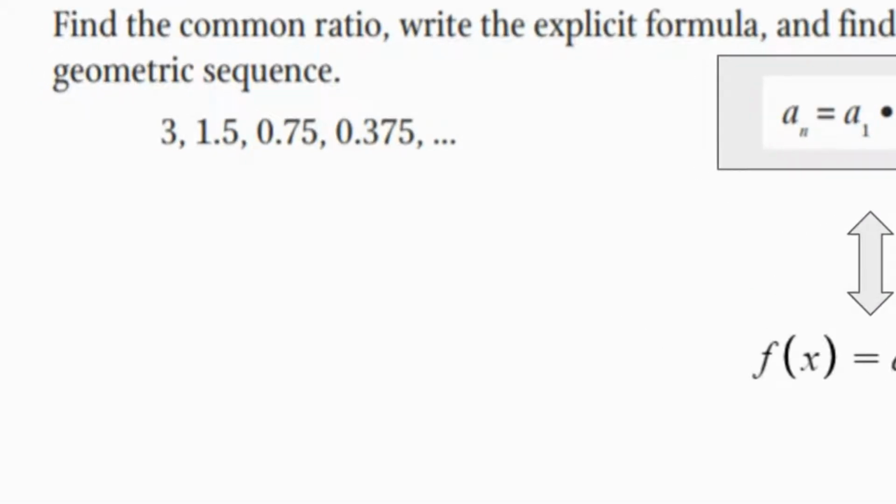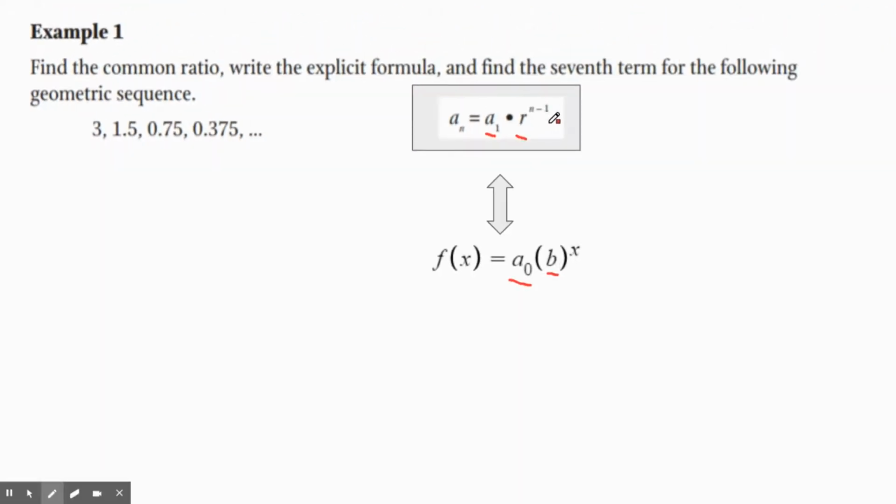This should look pretty familiar, but instead of the intercept, we're using the first term. And instead of calling the base b, we're going to call it a common ratio r. But notice the similarities. And we've already discussed how when you use the first term versus the intercept, you need to raise the power to the minus 1 power.